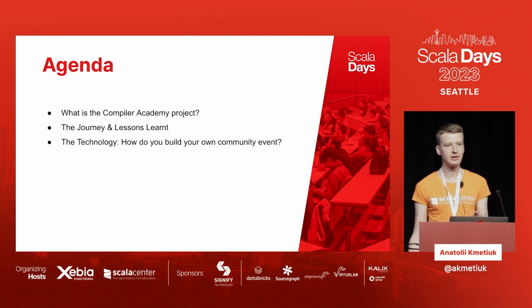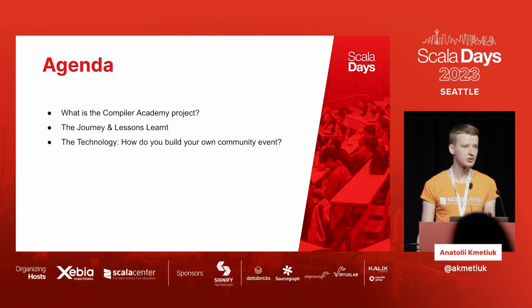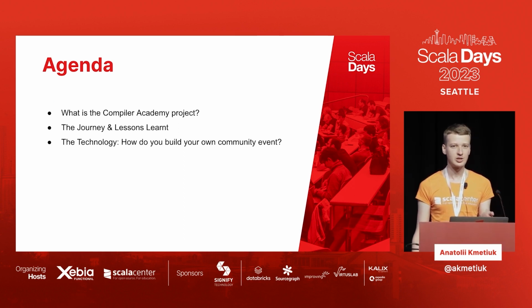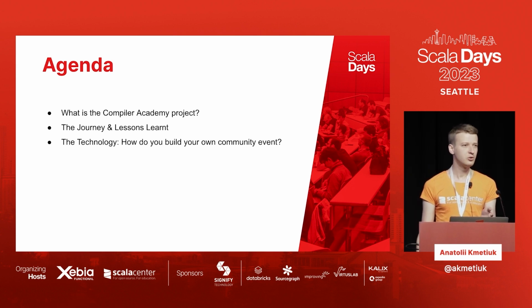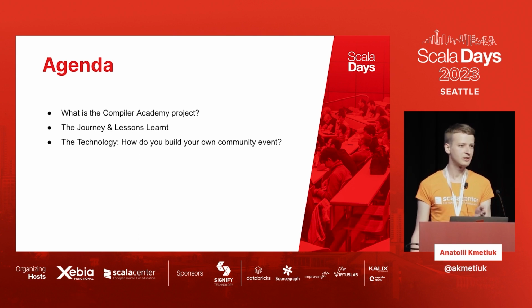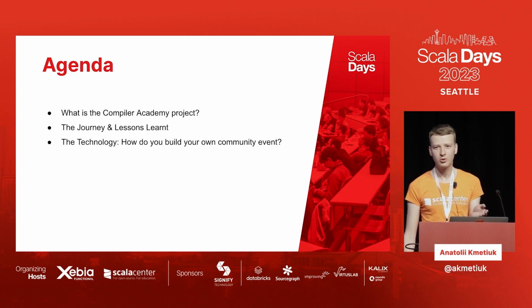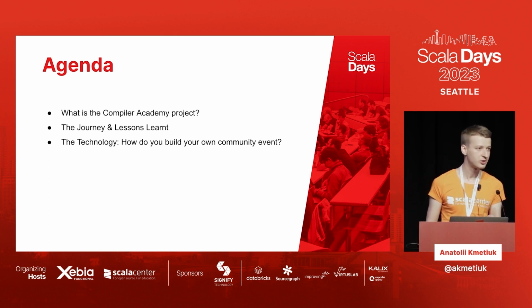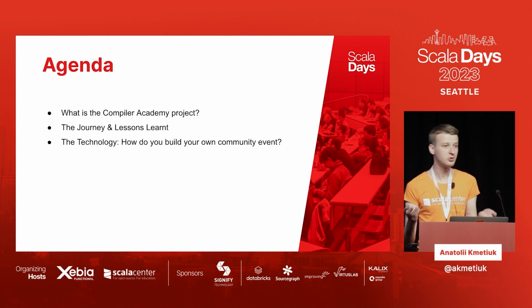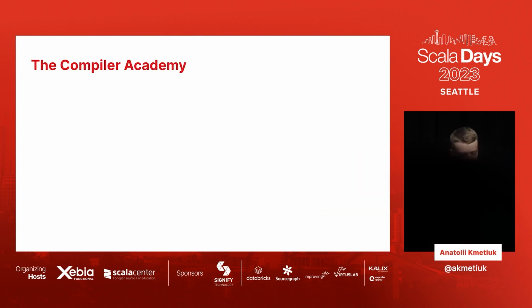Finally, I would like to cover the point of this talk, which is the technology of making such a project possible: how do you build a project that brings your community together, for your own company or your own open source project, or how do you build such a community in general?